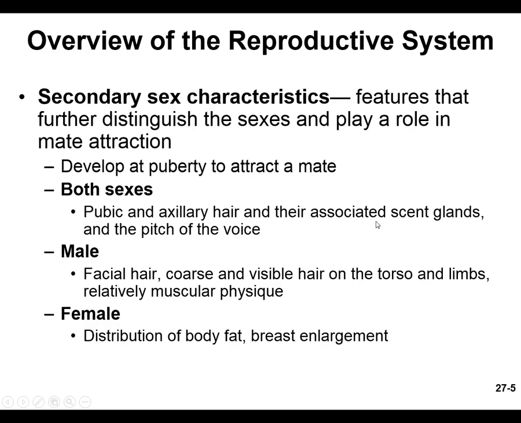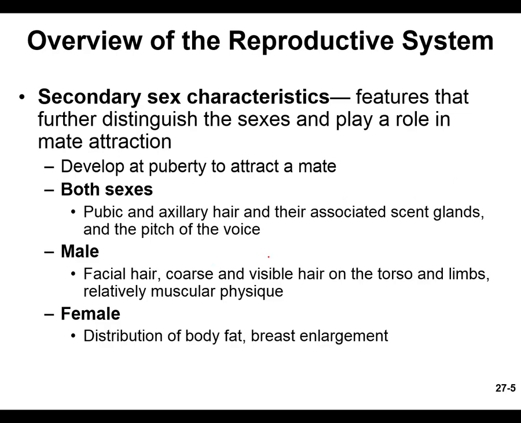So with our secondary sex characteristics, excuse me, now this is not the sex organs, these are the sexual characteristics. Some of the changes that we see that are distinguishing for the sexes. In both sexes we have pubic and axillary hair, and also the associated scent glands that go along with this.